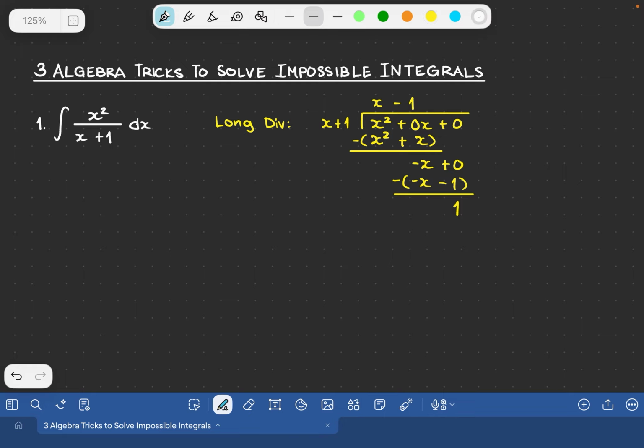By long division, this just means that our integrand simplifies to first the quotient x minus 1 plus the remainder all over the divisor.